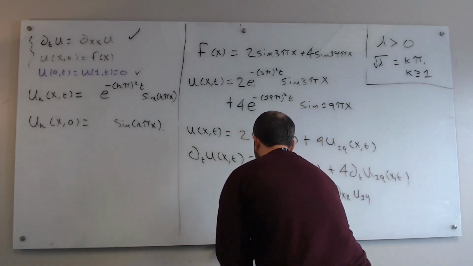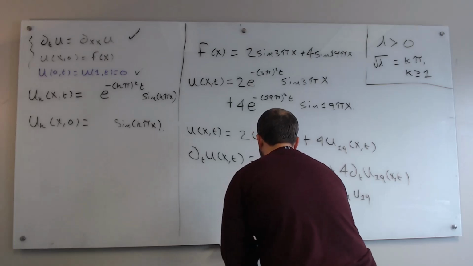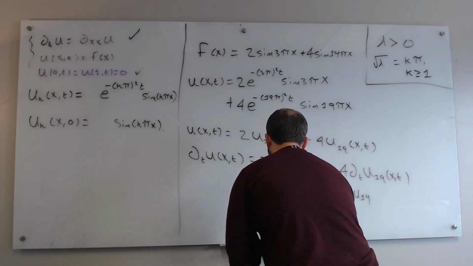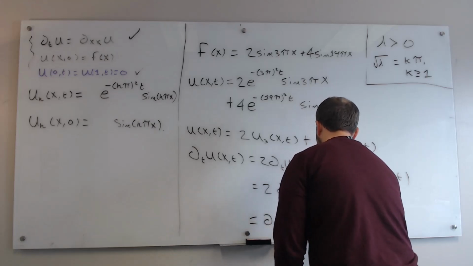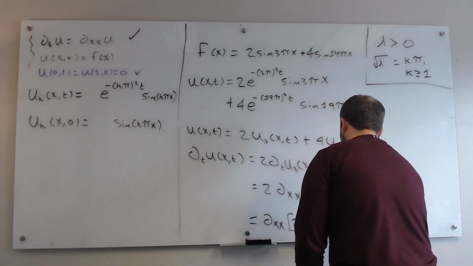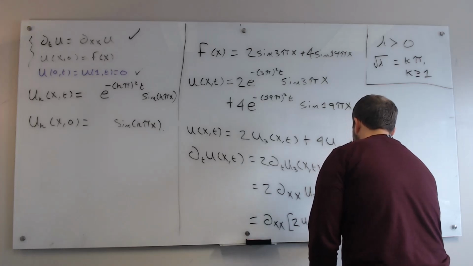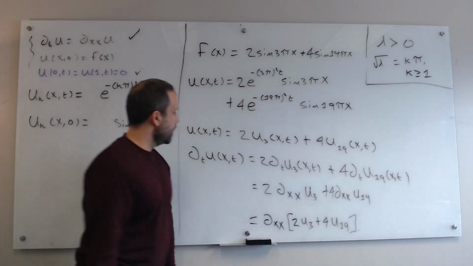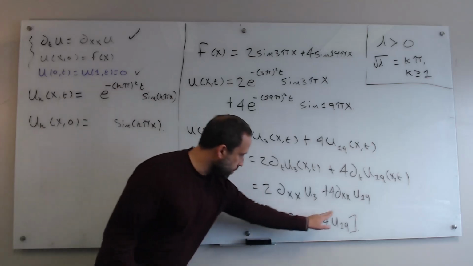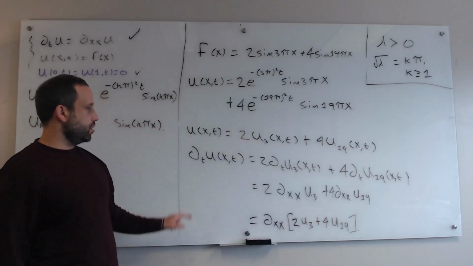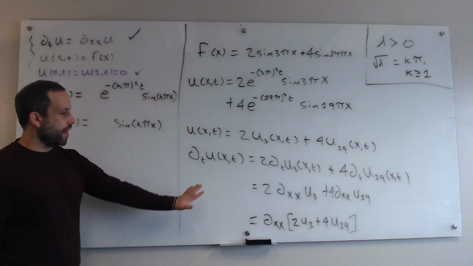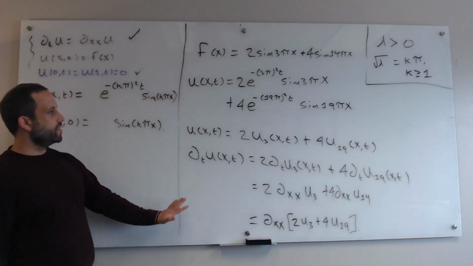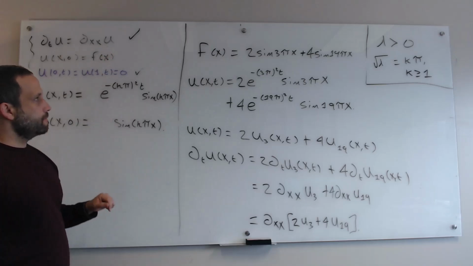So this is equal to the double x derivative of 2u3 plus 4 times u19. So overall, this right here in the brackets is just equal to u. So the t derivative of u is equal to the double x derivative of u. And so that proves what we wanted to prove. It proves that it also satisfies the PDE.